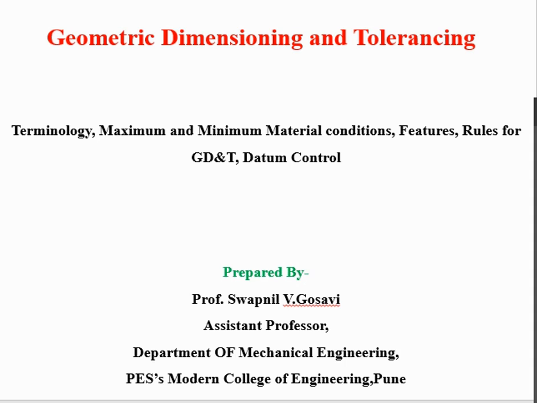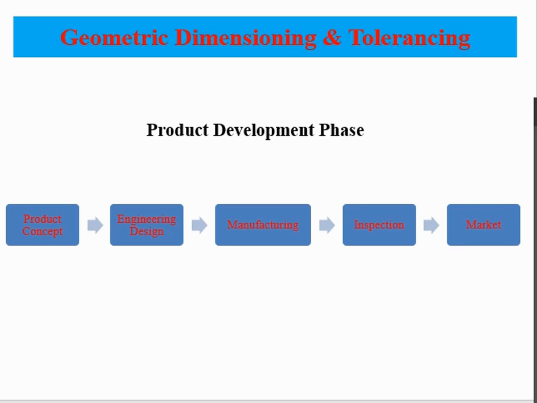So why we need GD&T symbols, that we need to understand first, because whenever you want to manufacture your product, you need to give a drawing, which we call an engineering drawing, which will come with some dimensions and some form that we call shape.